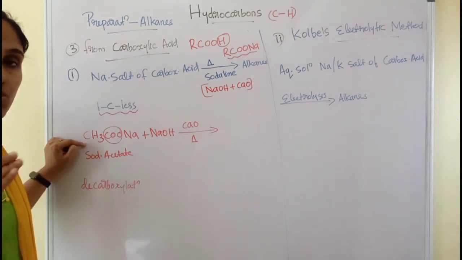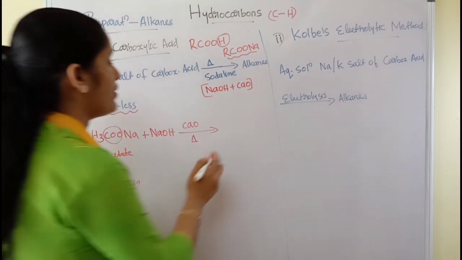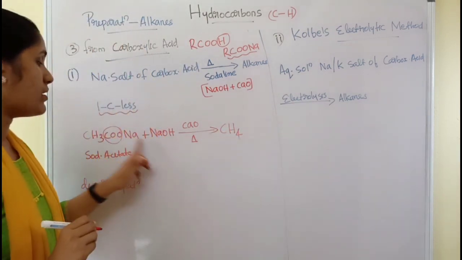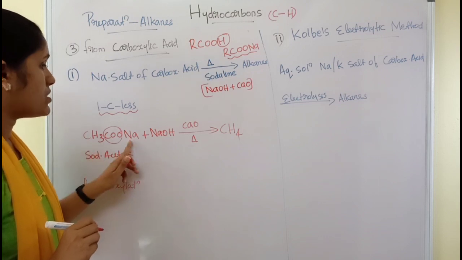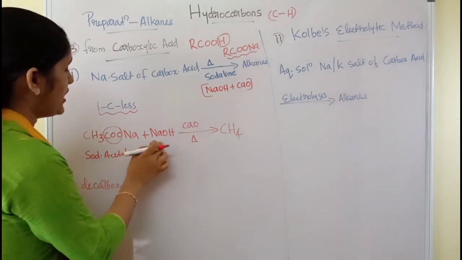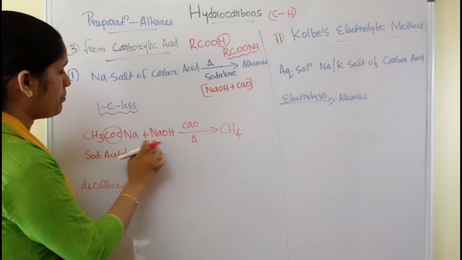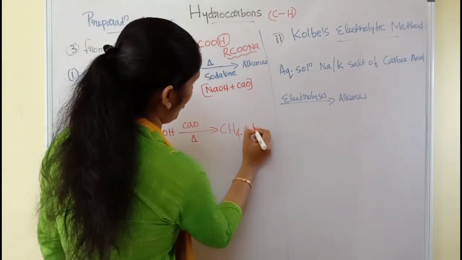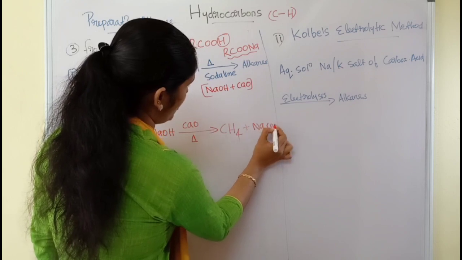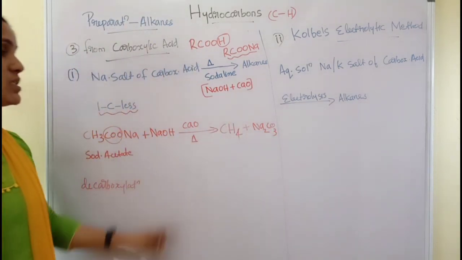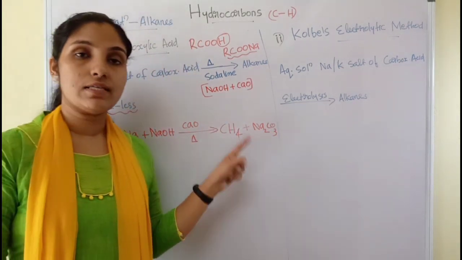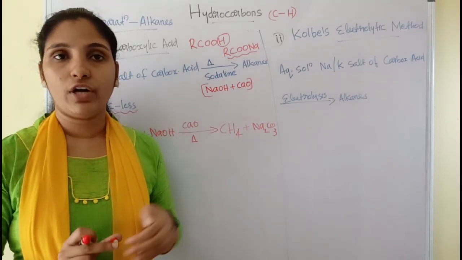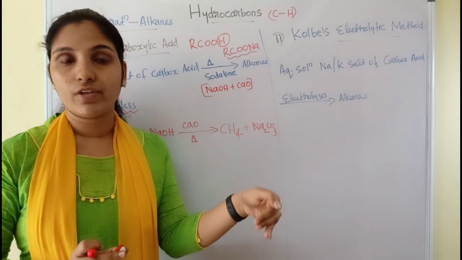So the alkane with a single carbon, methane, is obtained by heating sodium acetate with soda lime. The eliminated carbon dioxide combines with sodium and forms Na2CO3. In this manner we can prepare alkanes from the sodium salt of carboxylic acid heated with soda lime.